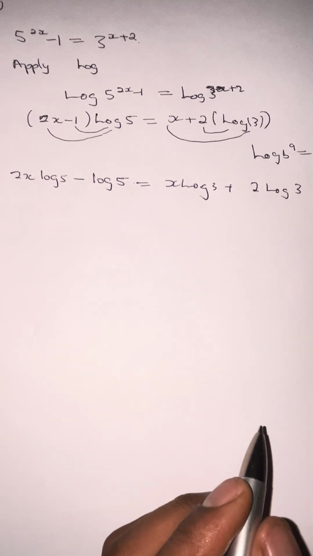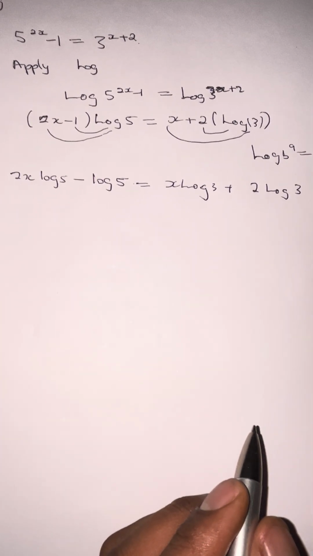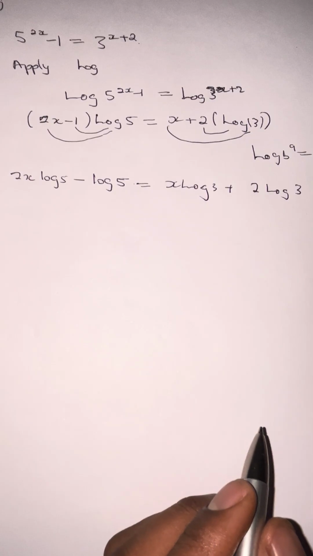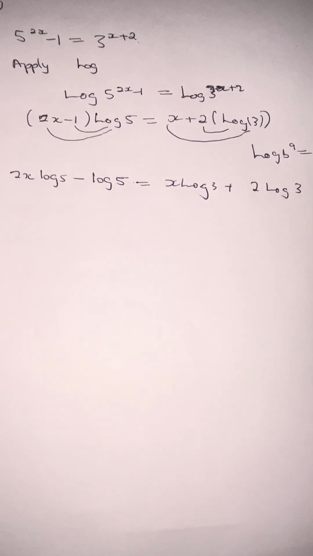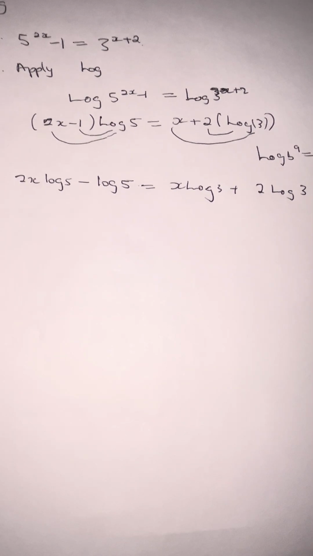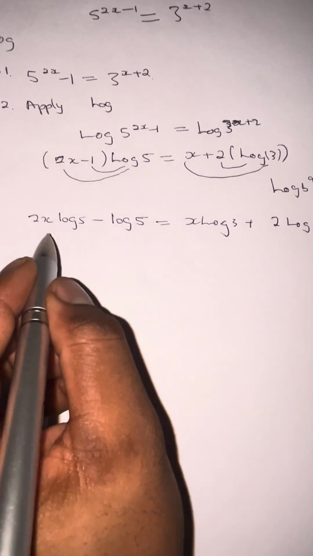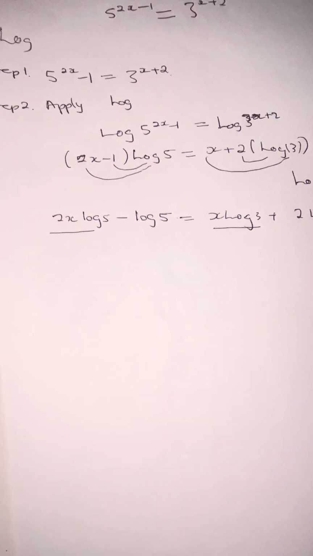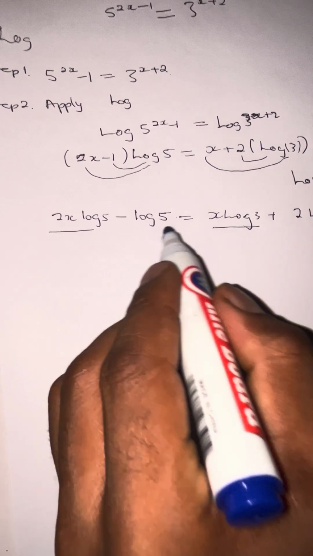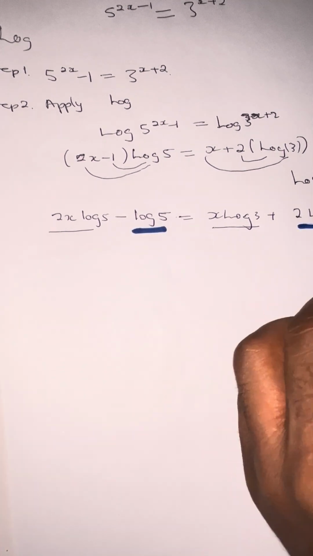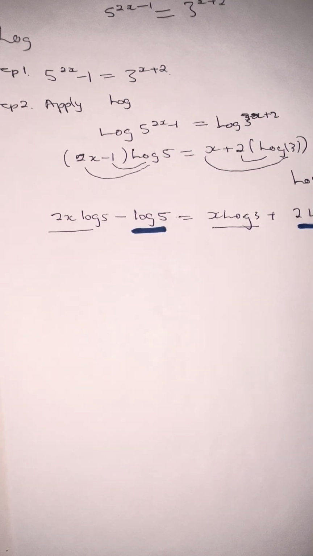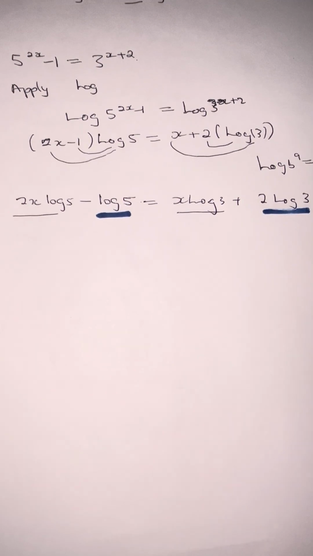We group like items. So in this, we group like items. What is like items? This is like item number 1, and let me use marker for this. So like items.